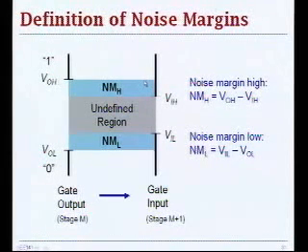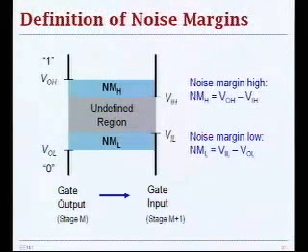Now you would apparently want to have each of these noise margin numbers as high as possible, because that will give a lot of room for your gate for this noise.